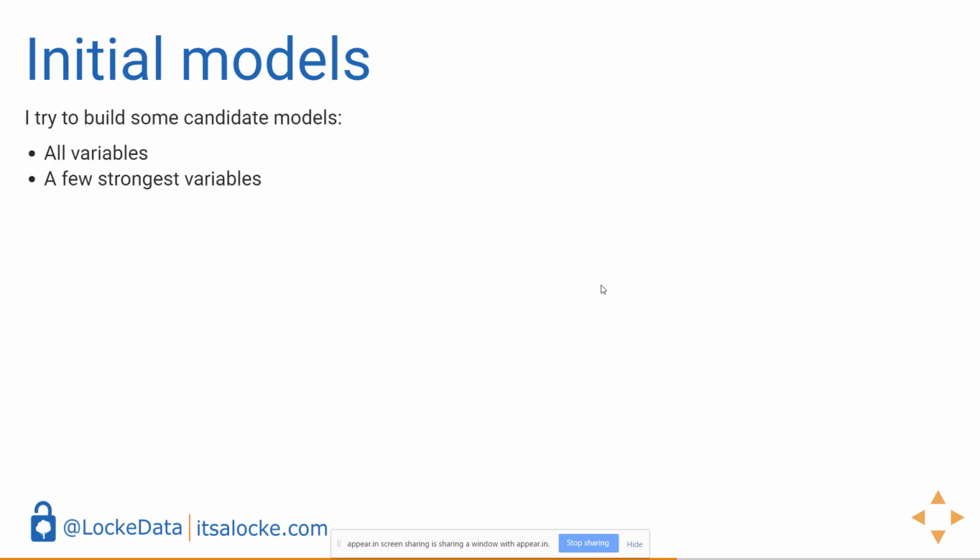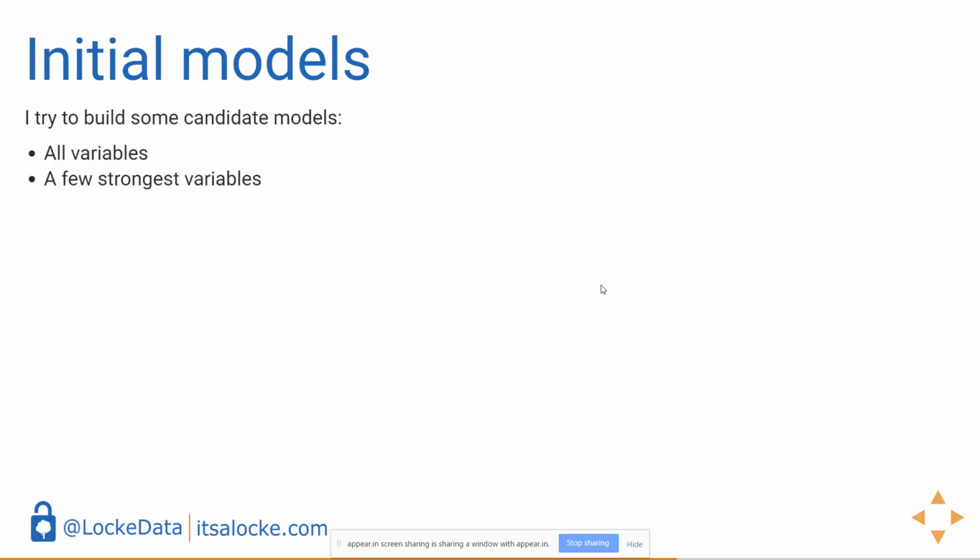The right answer usually sits in between one or two variables and all the variables. So by starting with these two as my guide points, I can then look at lots of different candidate models and say which one is the right one for the right amount of variables included.